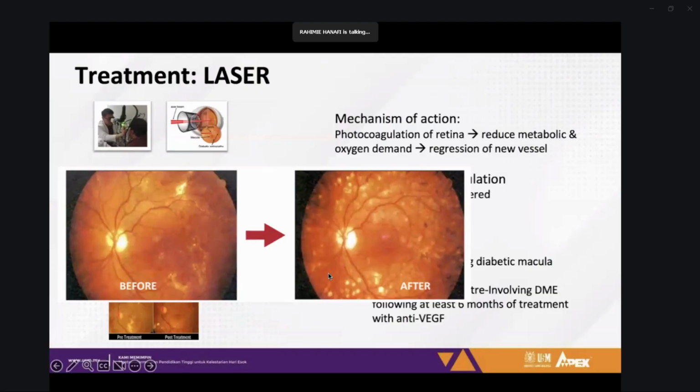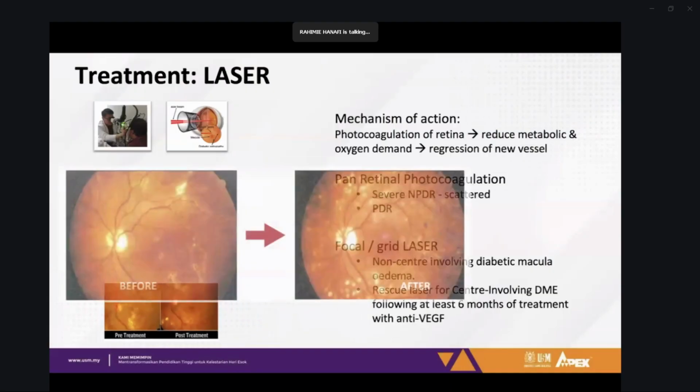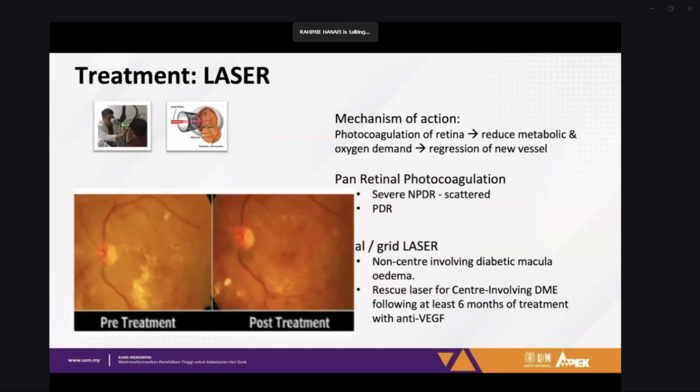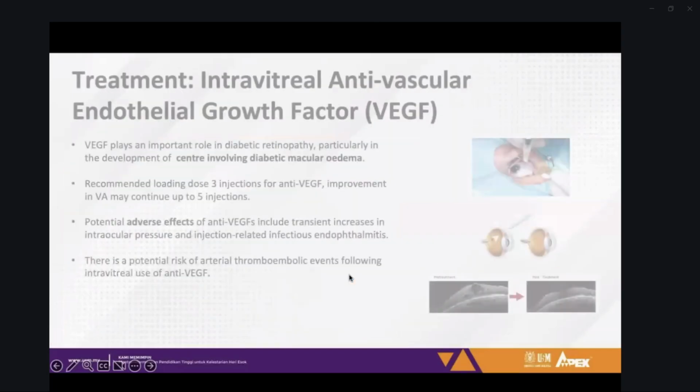Then there are prominent laser marks. And this is when we do focal laser for center-involving and non-center-involving diabetic macular edema. There is hard exudate initially over the macular region that markedly reduced after laser treatment.